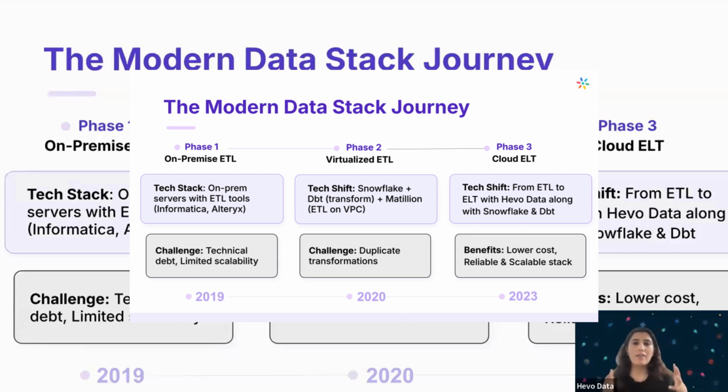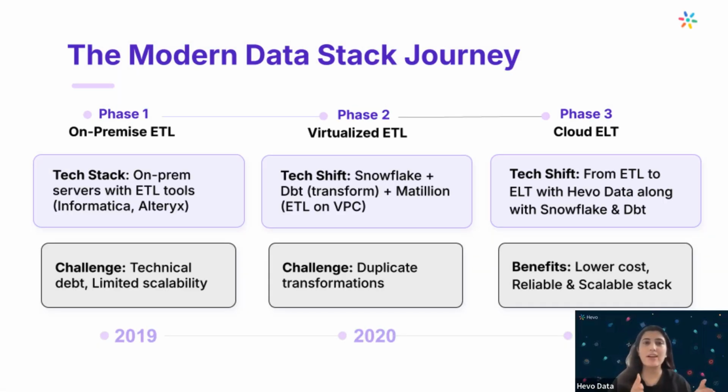So they had a very phase-wise problem, I would say, right? Their phase one was a very legacy infrastructure.